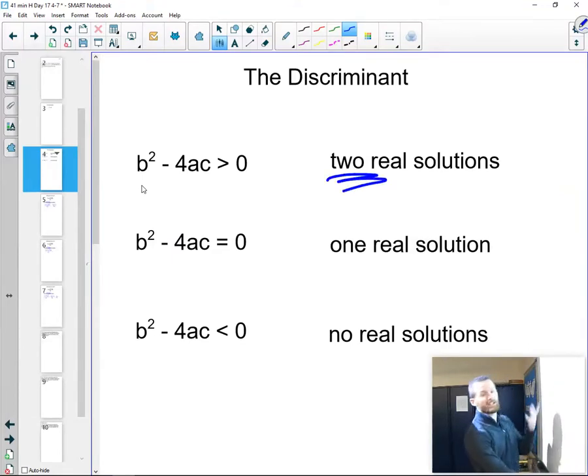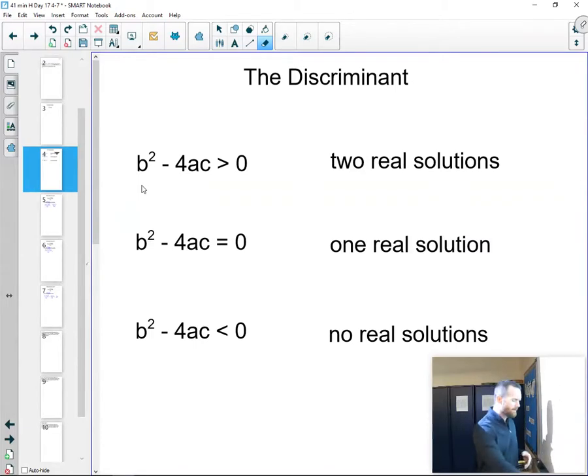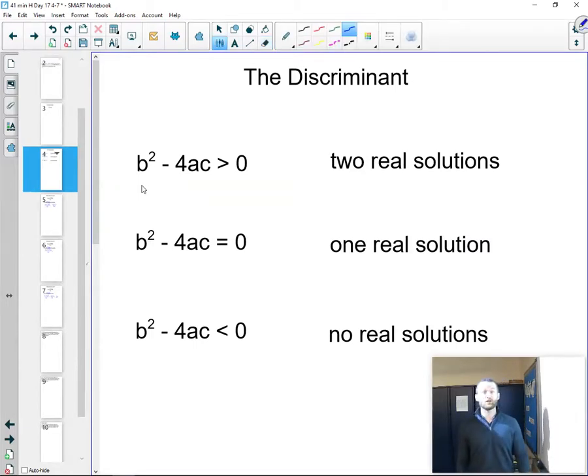But a lot of people will say, oh, the discriminant is 7, that means there's 7 real solutions. No, no, no. That's completely impossible. It's either 2 real solutions, 1 real solution, or no real solutions. So that's why I'm not really crazy about the discriminant. It's not really necessary, and it just creates another opportunity for people to make a mistake.